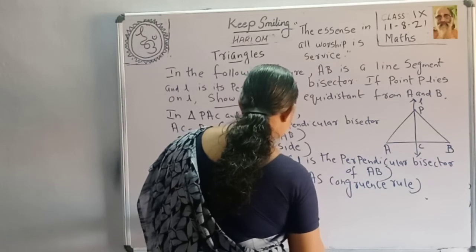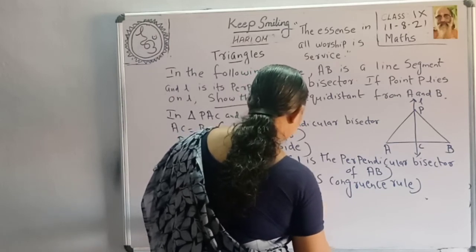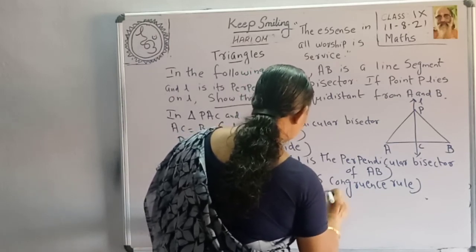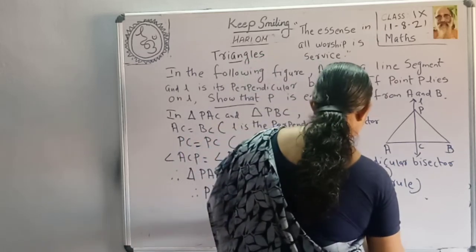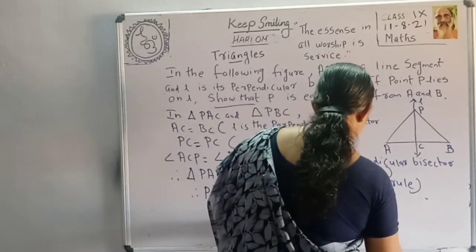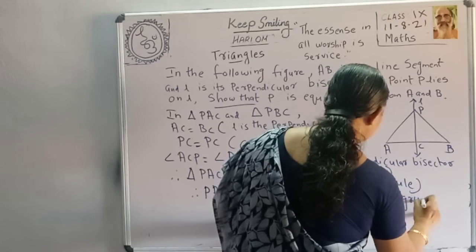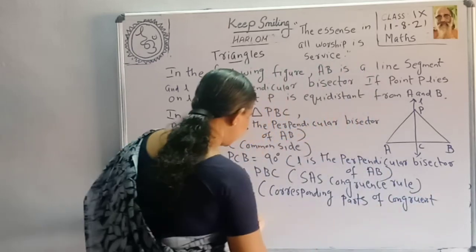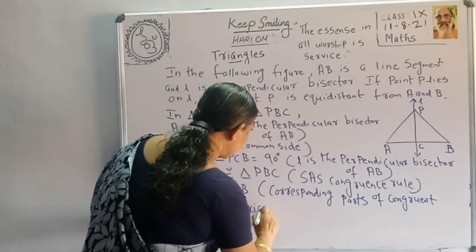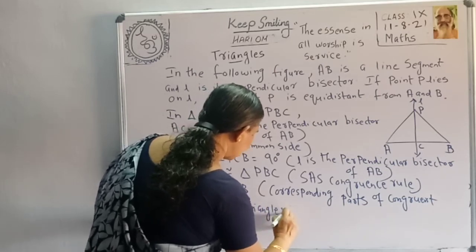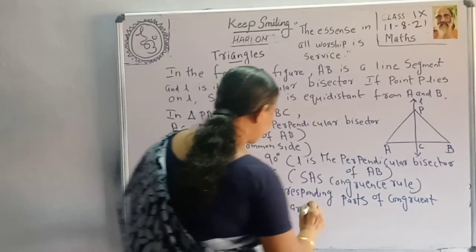In short, we can write it as CPCT: corresponding parts of congruent triangles are congruent.